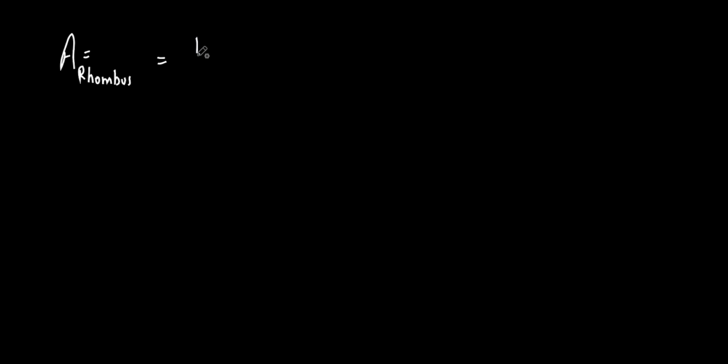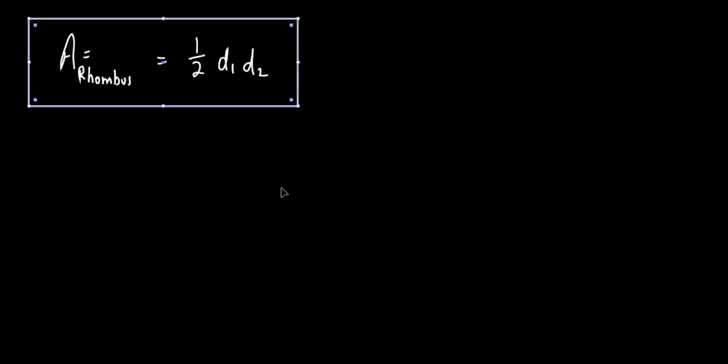So what's the area of a rhombus then? 1/2 D1, not plus, times D2. All right? And that makes it nice. We got a lot of repeats in here, right? We got the area of a rectangle, area of a square, area of a parallelogram. They're all the same. Triangle and trapezoid have some similarities, right? And then kite and rhombus are exactly the same. So if I had a rhombus, you would do the same exact thing. All right?